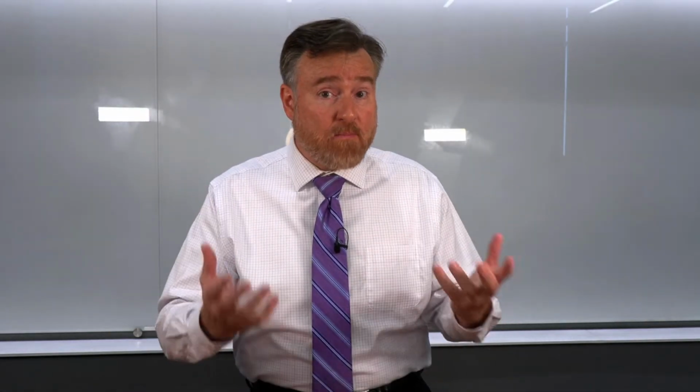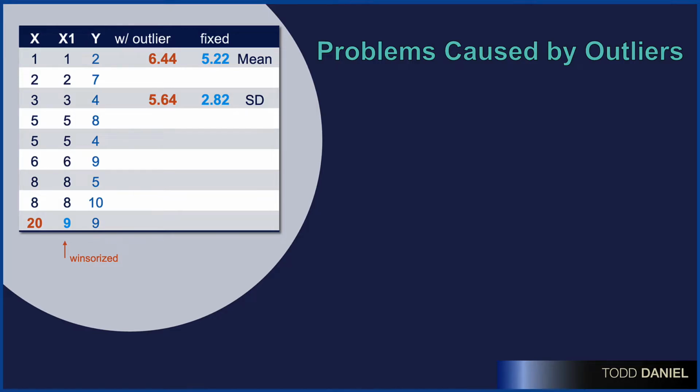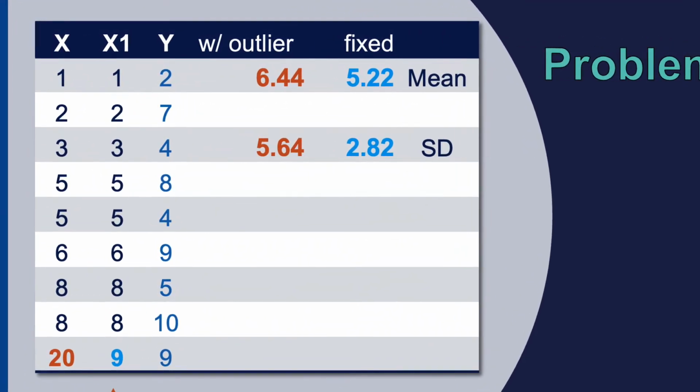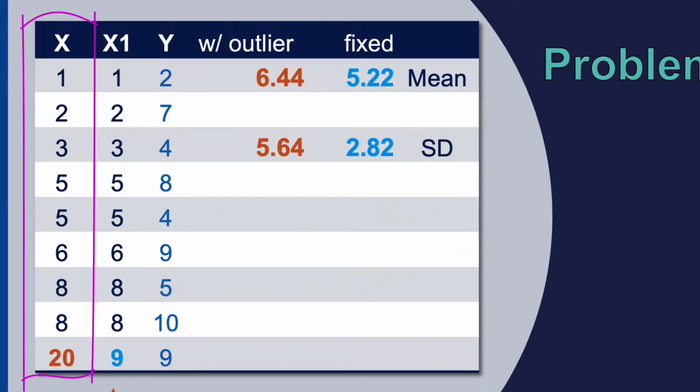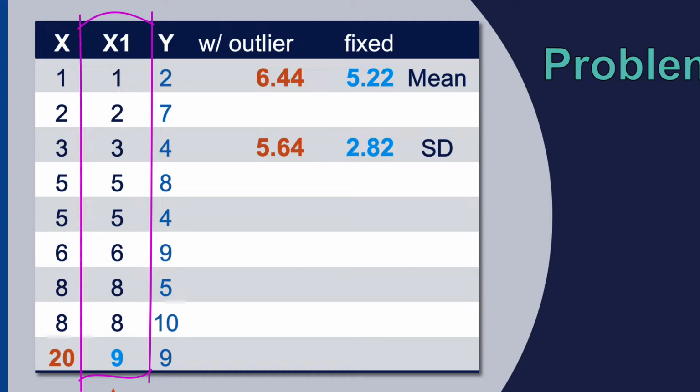Those are some of the types of outliers, but what problems do outliers cause? Let me illustrate this with a few data sets. In this example, I've created dataset X, which contains values including an outlier. It's the 20, which I've represented in orange. I have Windsorized that outlier in dataset X1.